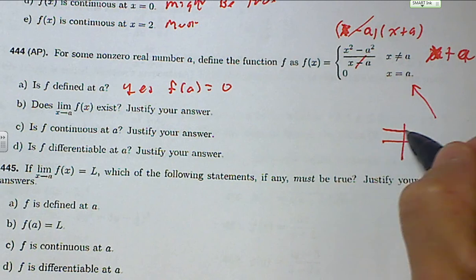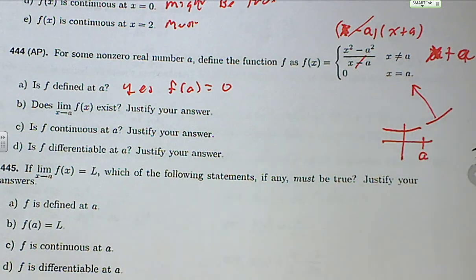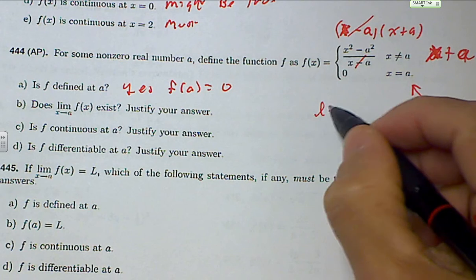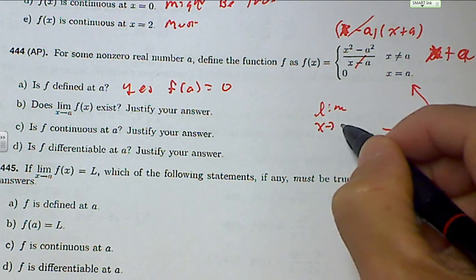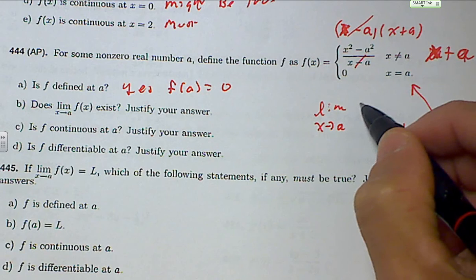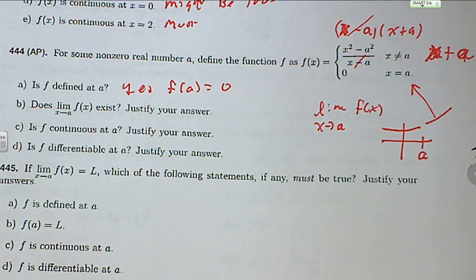So I have some graph that looks like this. Does the limit exist? Yes. What is it? Not A, close. F of A. Not F of A. You did your math. X plus A. Close. Not x plus A, but x minus... Oh, because that's the limit as x approaches A of F of X. What's always your first step on a limit?